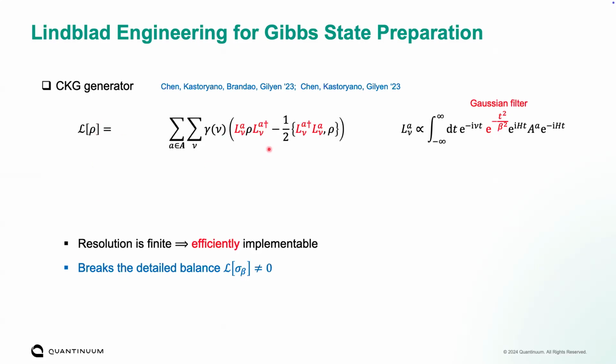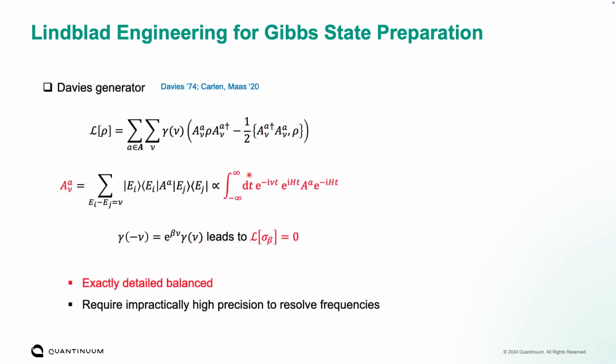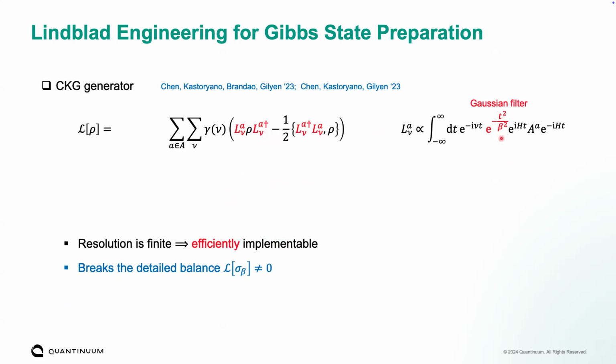So the idea is the following: you have a Lindbladian, and it has a very similar form as the Davis generator before. The difference is that this L_nu, if you remember A_nu was given by the exact Fourier transform, where you specify nu exactly. Here, you introduce a Gaussian filter in the Fourier transform.